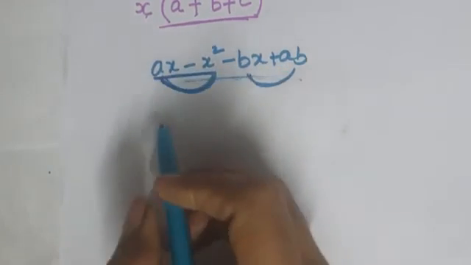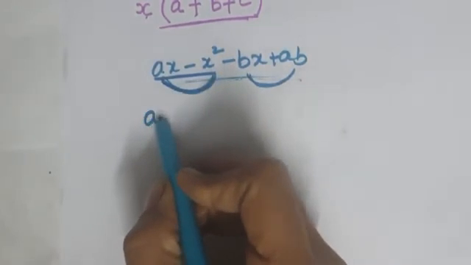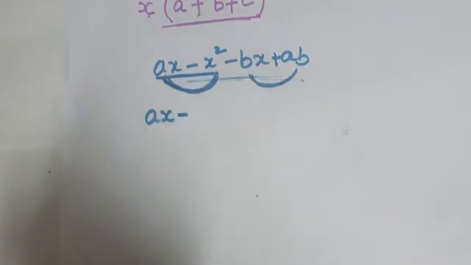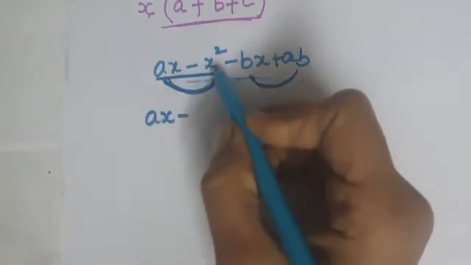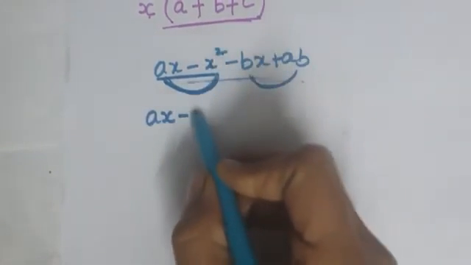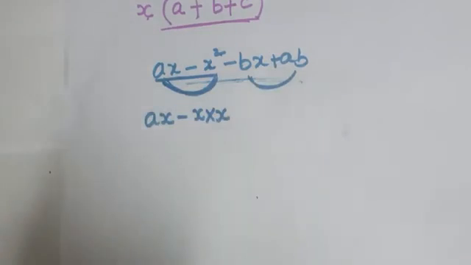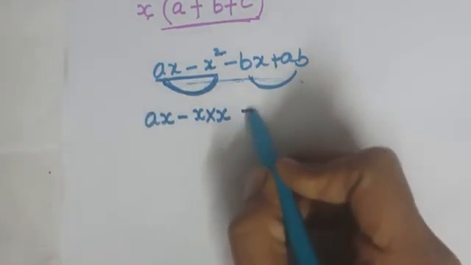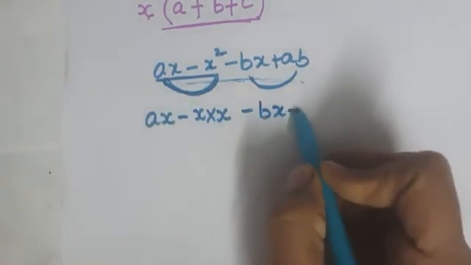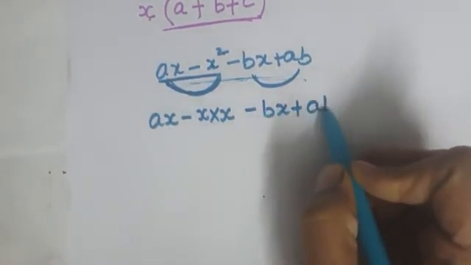Now, if you see here what is common, let us write it first like this. Now, x square can be written as x multiply x, minus bx plus ab.